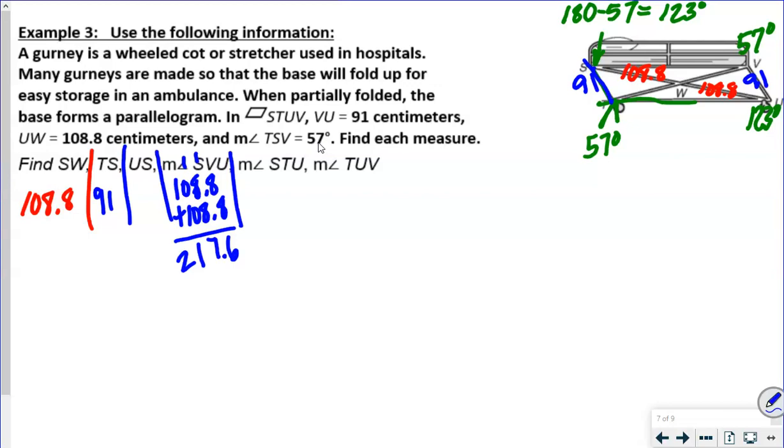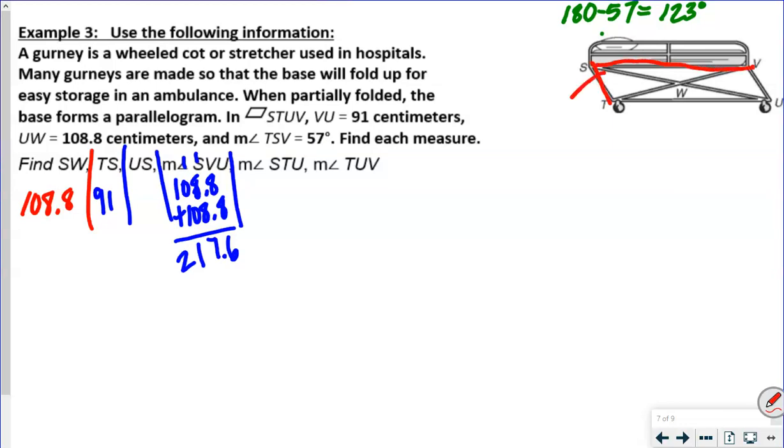Wait, did I put that in the wrong place, y'all? That STV. Oh, I did. STV. That's that angle right there, y'all. Made a mistake. Let's fix it. Okay, let's go back. So it's saying TSV.